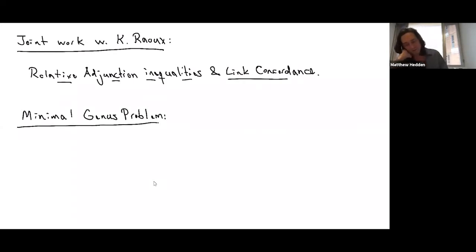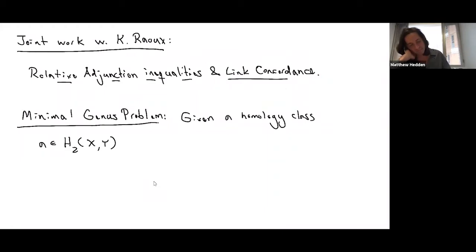So the minimal genus problem says, suppose I'm given a second homology class, and perhaps a relative second homology class, where X is some manifold, maybe smooth, maybe topological.